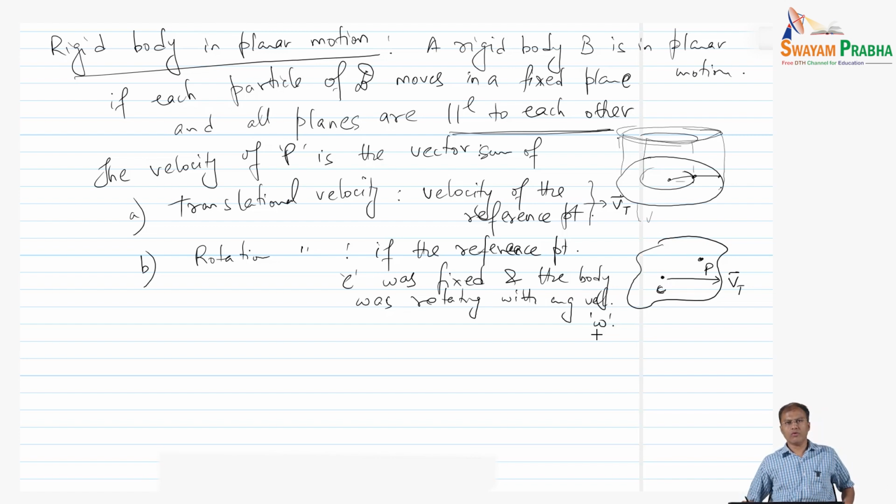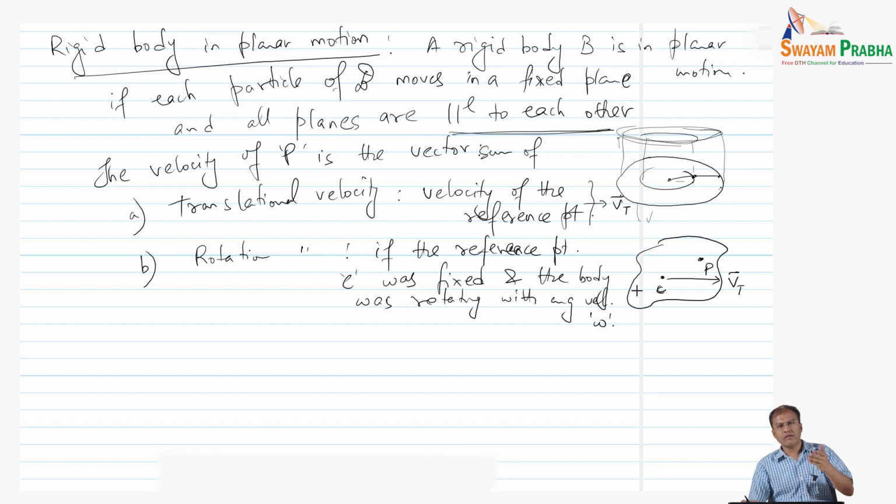The body was rotating with an angular velocity omega. For example, if the reference point C is on the axis of rotation, then any point on the axis of rotation will remain fixed.